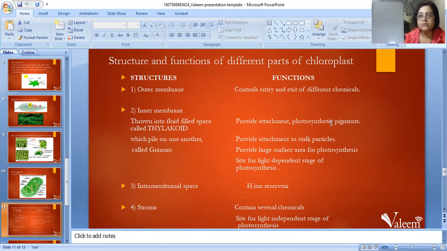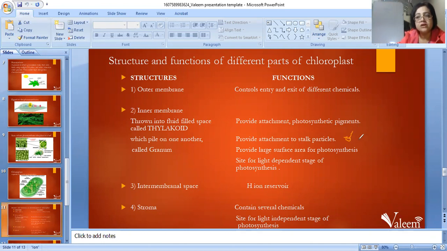If I continue with this lecture, I will give you further detail of different varieties of photosynthetic pigment. Then similarly, these inner membranes provide attachment to stalk particles. Now the question is, again, this term is new for you. What is the meaning of stalk particle? These are thumb pin shaped particles.